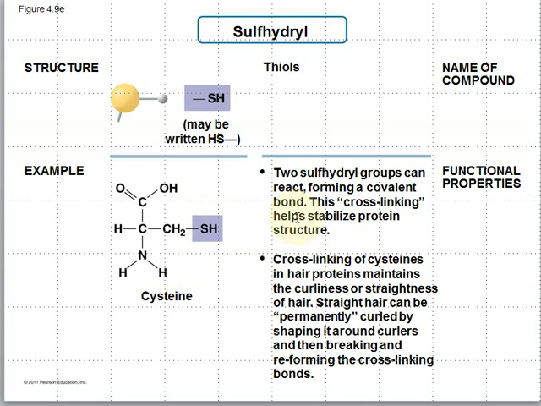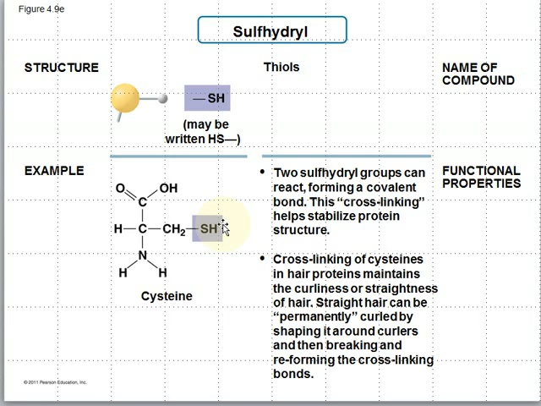If you've ever studied human anatomy, you know your hair is made up of keratin, which is a protein-rich material. And so there's a lot of these sulfhydryl cross-linkages going on in your hair. If you want to change your hair from straight to curly, or perhaps straighten your hair from curly to straight, what you do is you use certain chemicals that break these bonds.